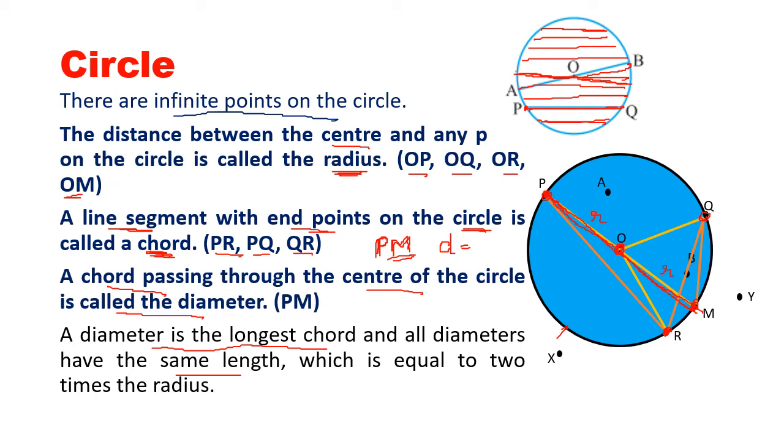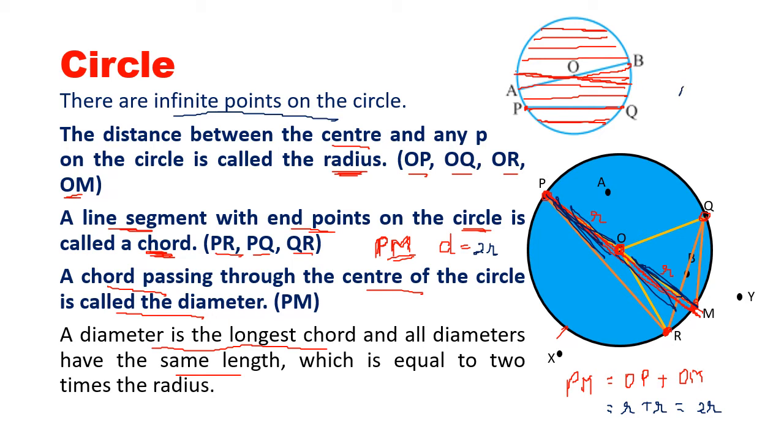So diameter PM can be written as OP plus OM. That is r plus r, which becomes 2r. So diameter is equal to twice the radius.